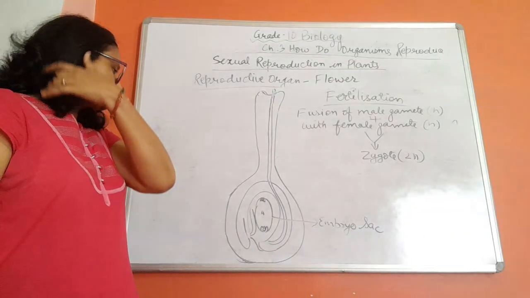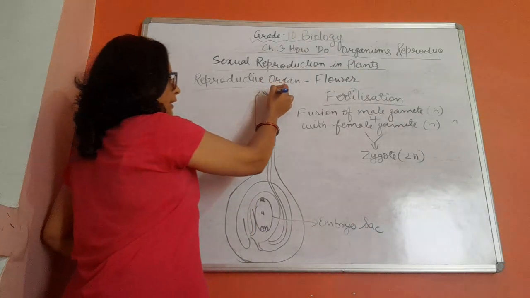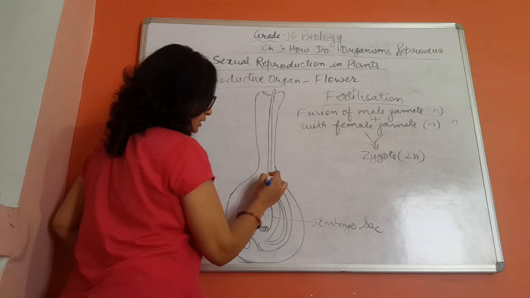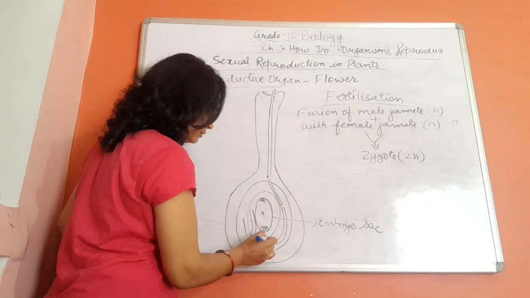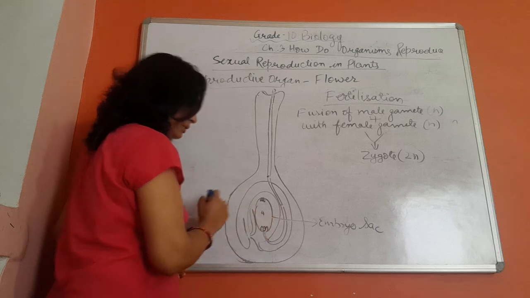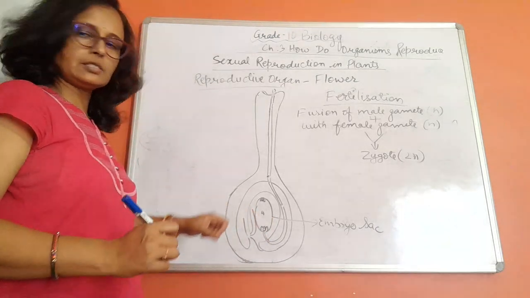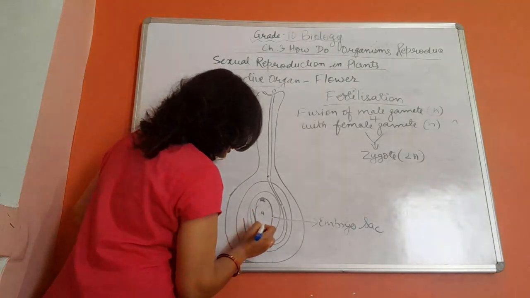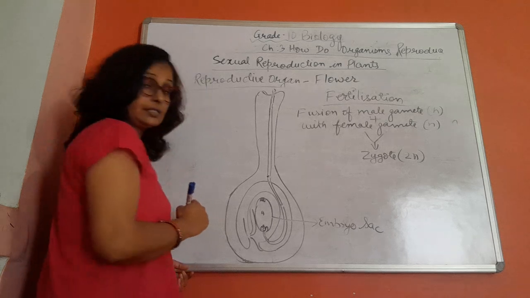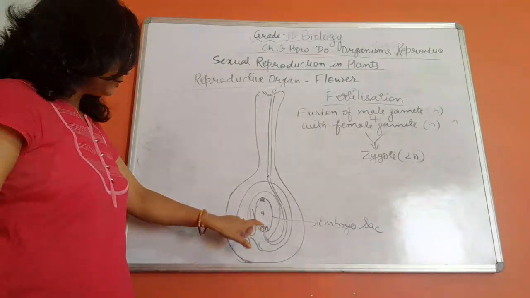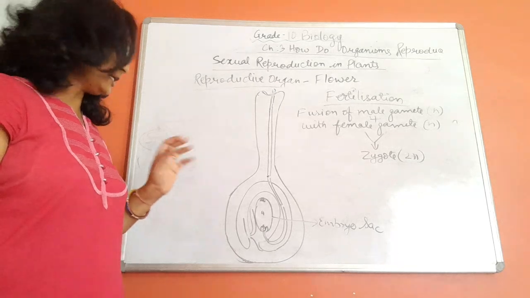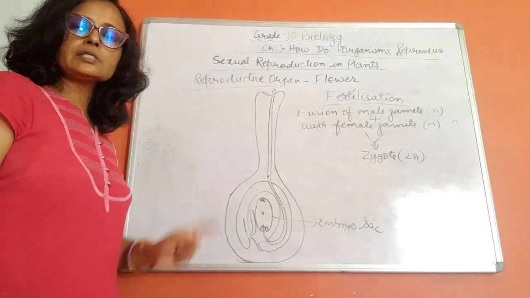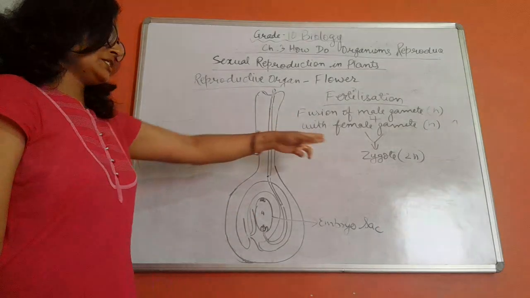Okay, inside the ovule. When the pollen grain forms the pollen tube, then there are two male gametes. These two male gametes enter the embryo sac by rupturing this, and one male gamete fuses with this egg cell, and this fusion of male gamete and female gamete is called fertilization, and that results in formation of zygote.